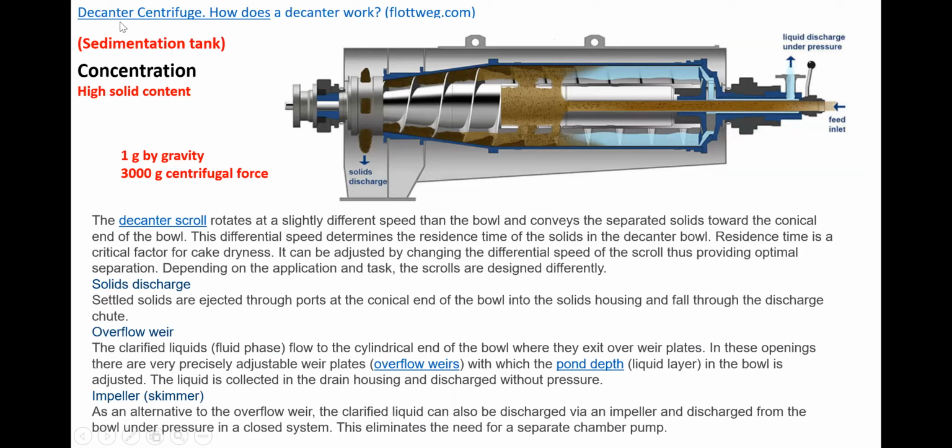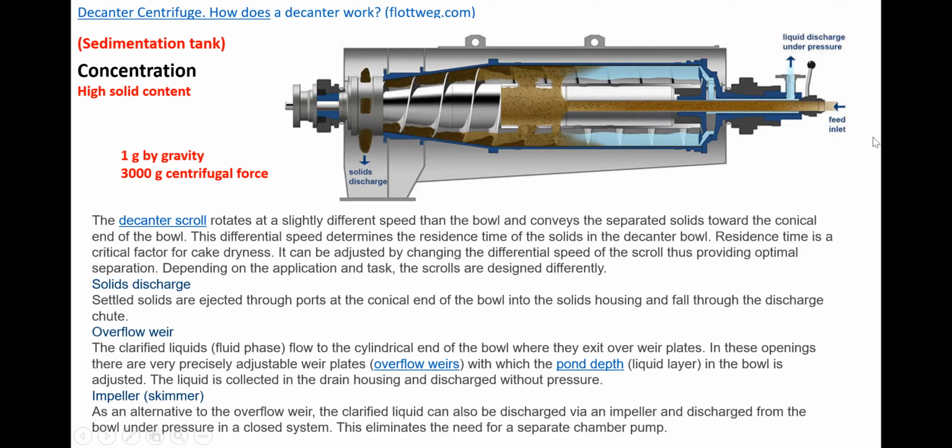The first one I would like to share is the decanter centrifuge. If you click, there is a URL hyperlink that you can go to on the website. Better still, they have a video to show how this sedimentation tank works. This is one of the concentration equipment.